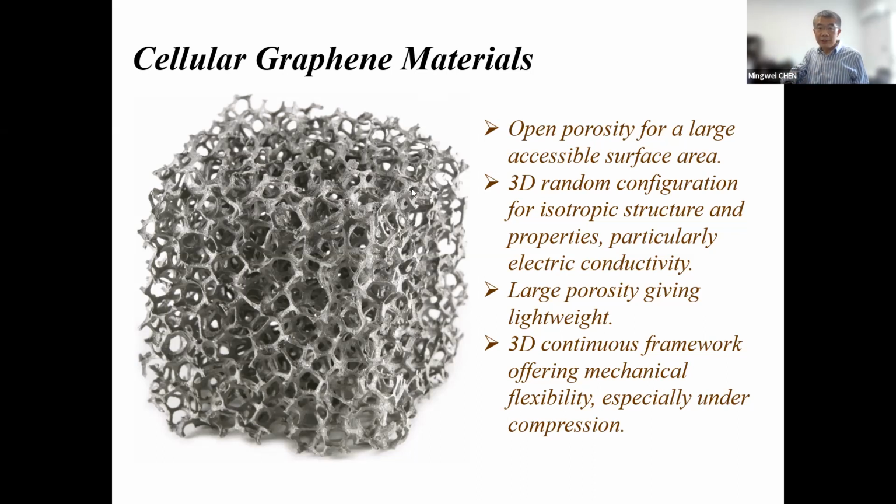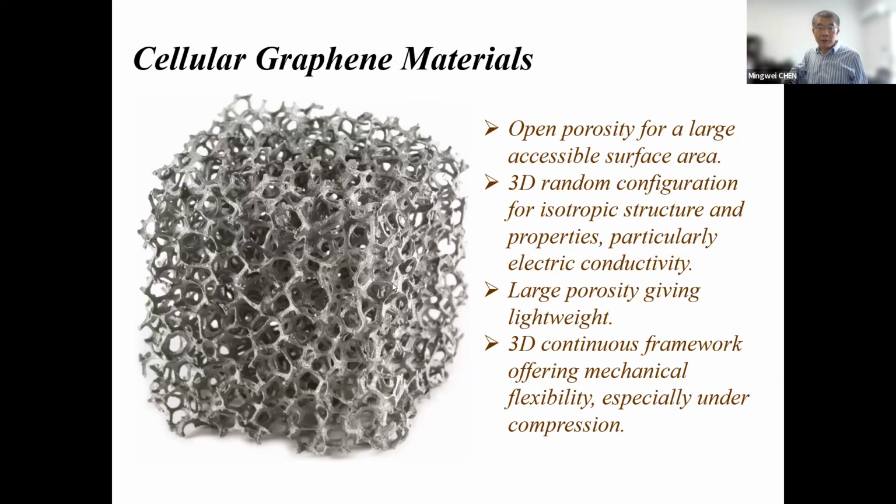If you have this configuration, you can have open porosity. All the surface could be accessible, right? You can still keep the large surface area. Also, because each ligament in the three-dimensional structure is randomly oriented, you can introduce isotropic properties of graphene, right? Also, the larger porosity is going to give lighter weight. It is going to reduce the weight of the graphene material.